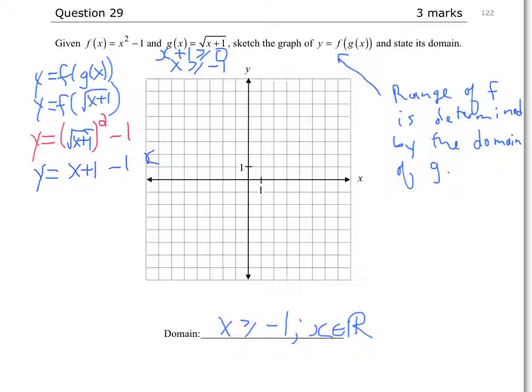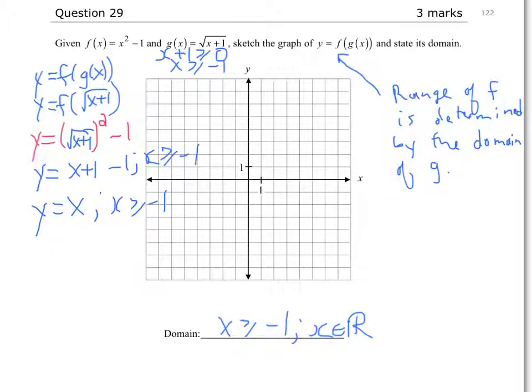This is only true if x is greater than or equal to negative 1. So we should state that restriction when we go from this line to this line, just to remind ourselves of that. Obviously, we could simplify this, and we just get y equals x. We still have that restriction: x is greater than or equal to negative 1.